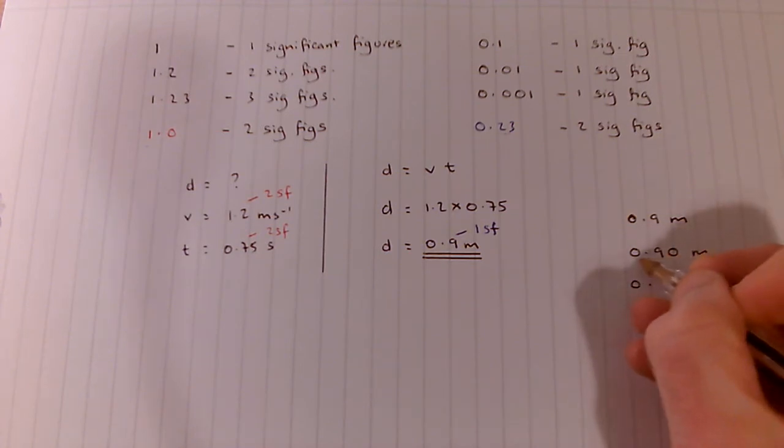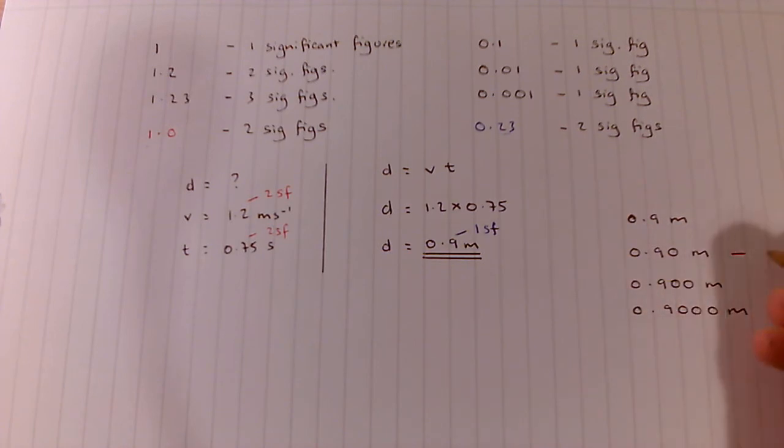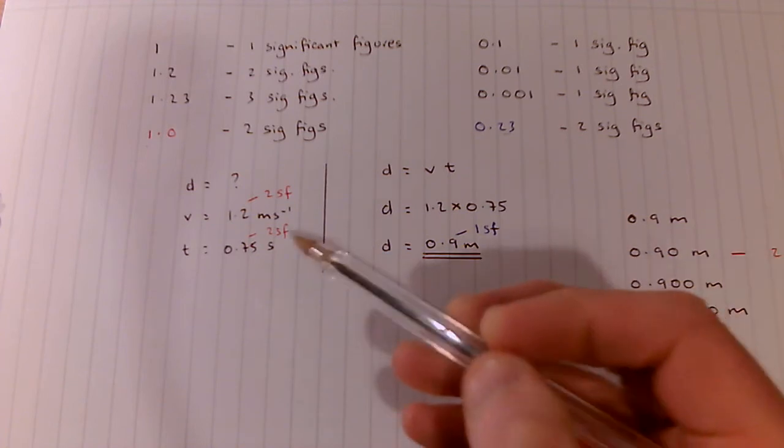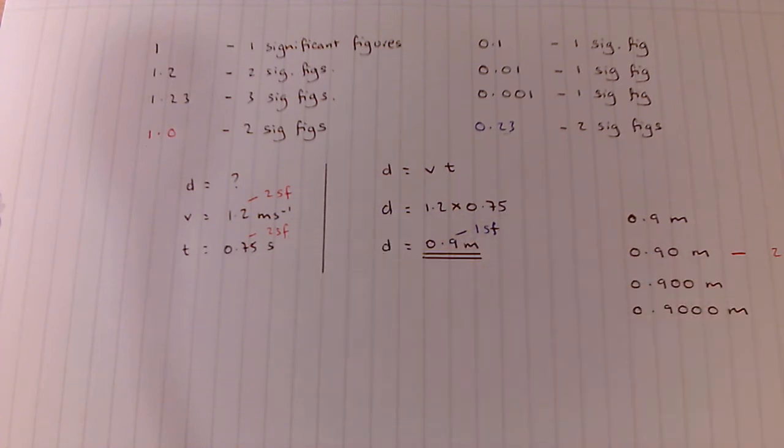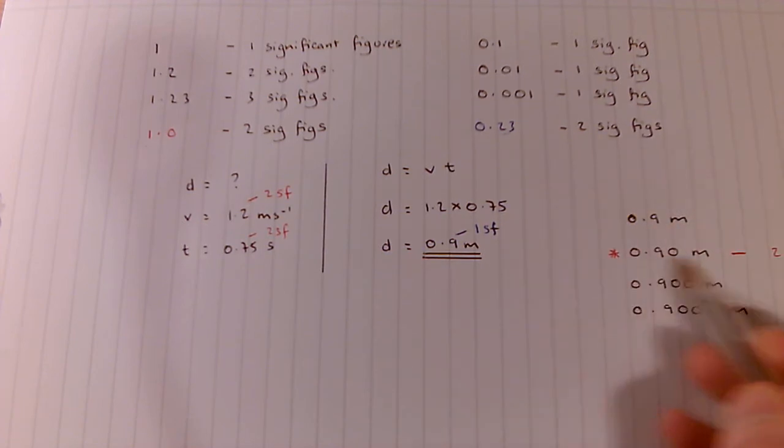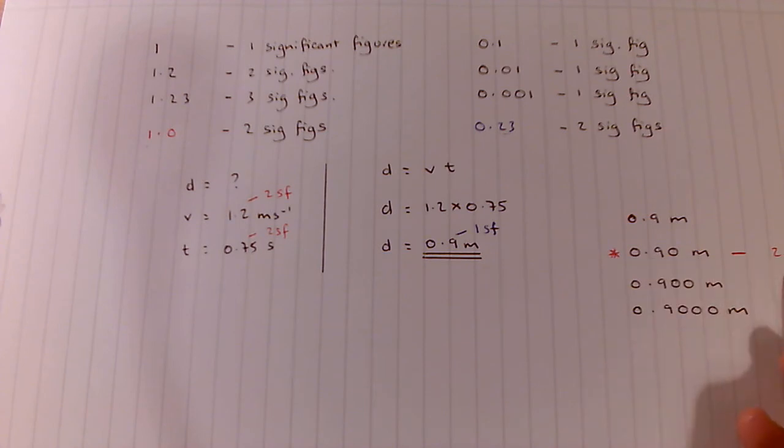This one here is expressing the answer to 2 significant figures. So that would be the same as the significant figures given in the question. And this is the ideal situation. So ideally, you want to express your answer to the same number of significant figures as is given in the question.